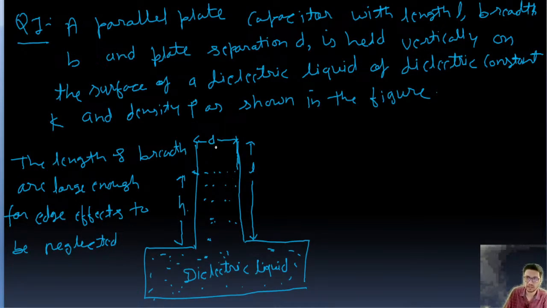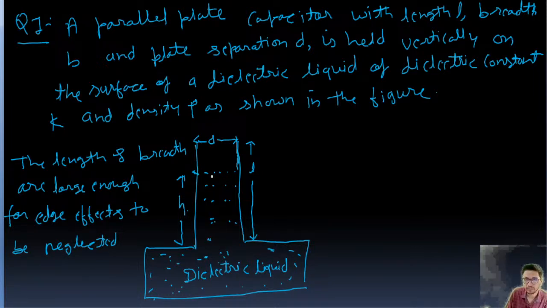Here, this parallel plate capacitor is placed vertically and there is a liquid beneath that parallel plate capacitor, right? Because of this parallel plate capacitor and Coulombic force, this dielectric liquid rises up to this height h.